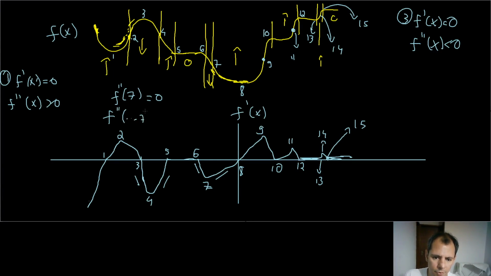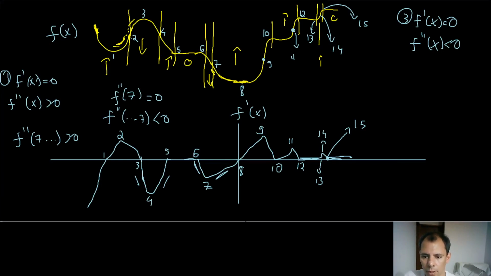Something that comes before 7, it's negative. And when you have something that comes after 7, it's positive. Okay, so it starts coming down here, then it reaches 0 and starts going up. That's a point of inflection. Is it a point of inflection? Yes, look at this. You got an arrow here coming down, and you got an arrow here going up. So the concavity here is down, the concavity is up. 7 is a point of inflection.